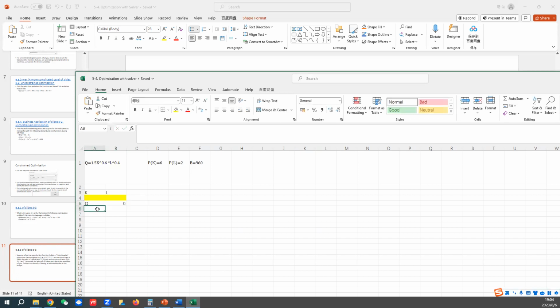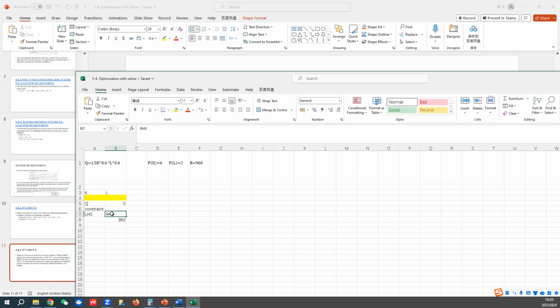Then we have the constraint, which is the budget, with a left-hand side and a right-hand side. The right-hand side is the budget itself, 960.